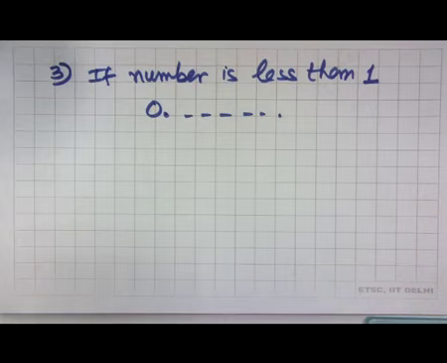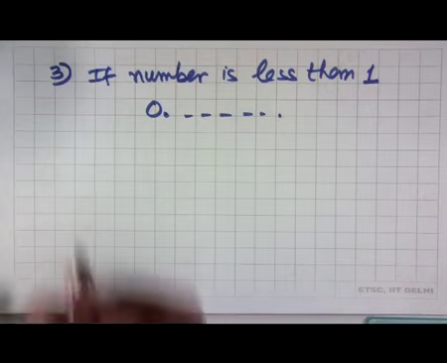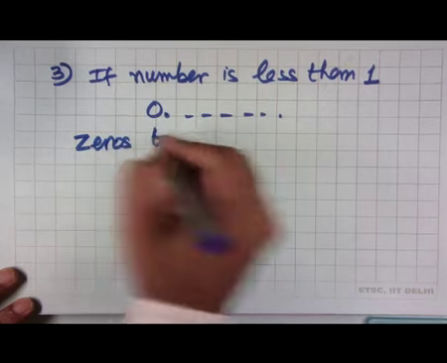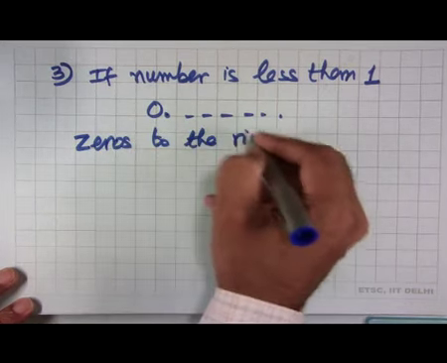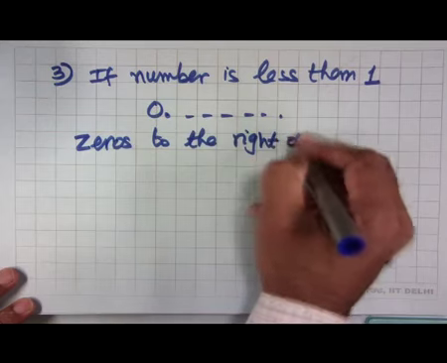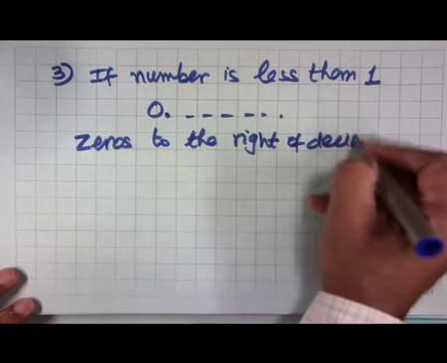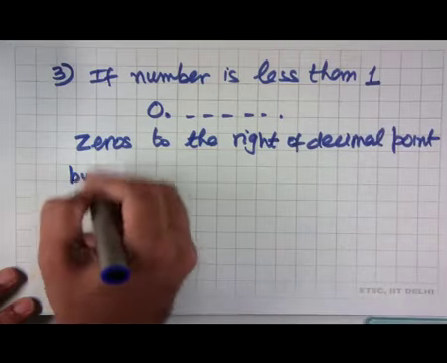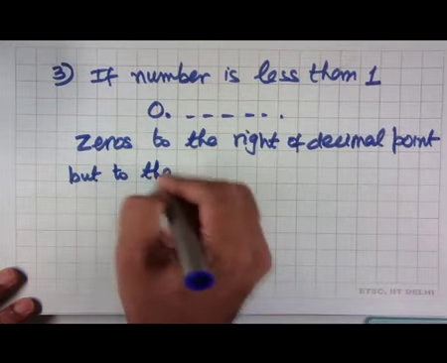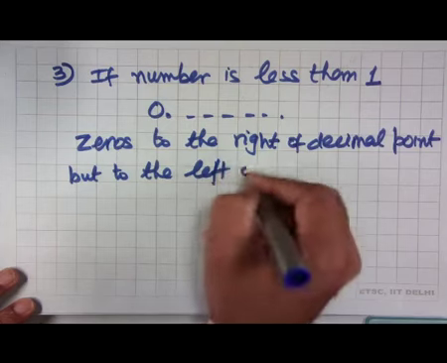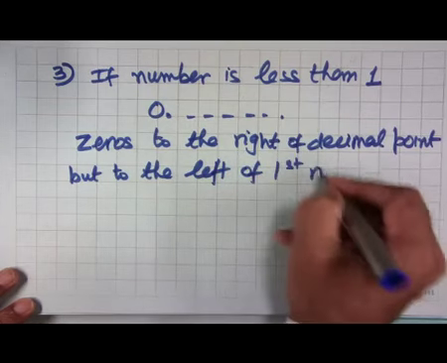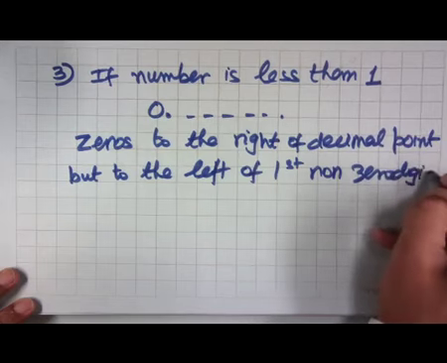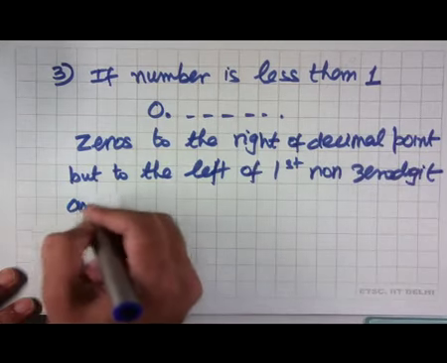Then the zeros to the right of the decimal point but to the left of the first non-zero digit are not significant.